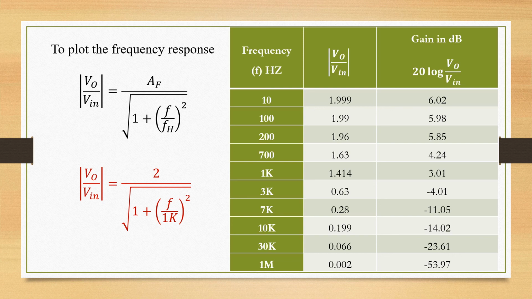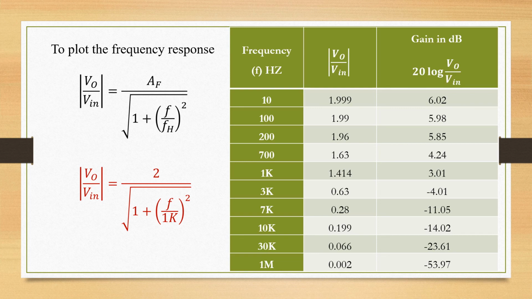It purely depends on the user how to choose them, but one point to remember is that the cutoff frequency is given, and we include that also in our table so that we find the value of gain at the cutoff frequency. After solving, these are the values we get for the gain in dB as well as the normal gain.